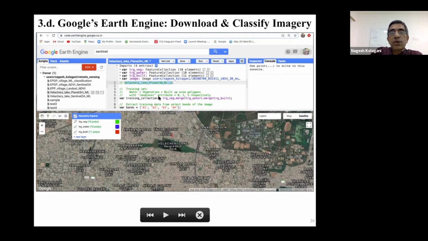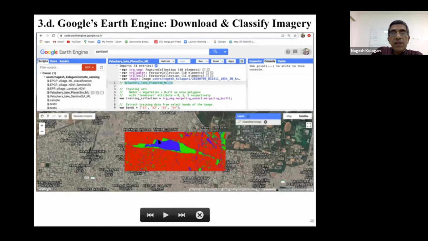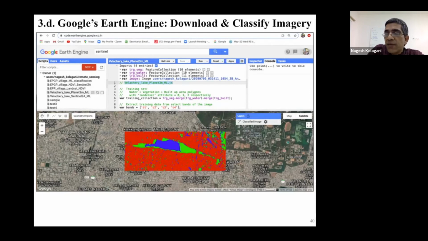All I needed to do was define a rectangle. I say, these are the 4 corners of my rectangle of interest. And then I say, please get me European imagery. Just a few kilobytes. You just tell which space you want. These are the 4 coordinates, and you tell which source you want.